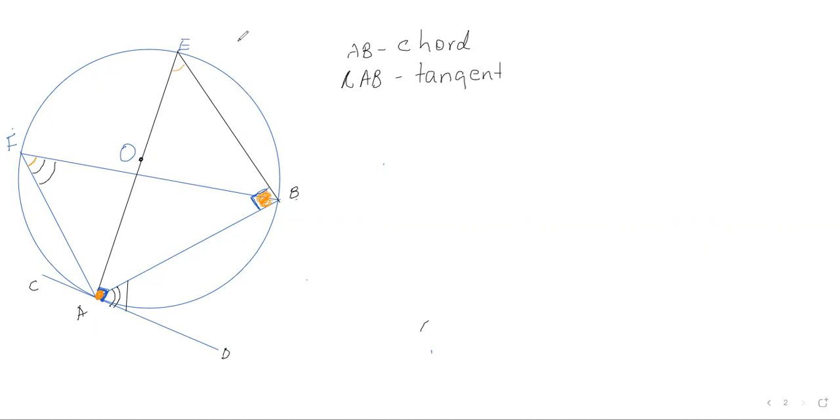Now, we continue with our proof. We write that as 1. We write that as 2. Angle EAB is A1. Angle BAD is A2 then.